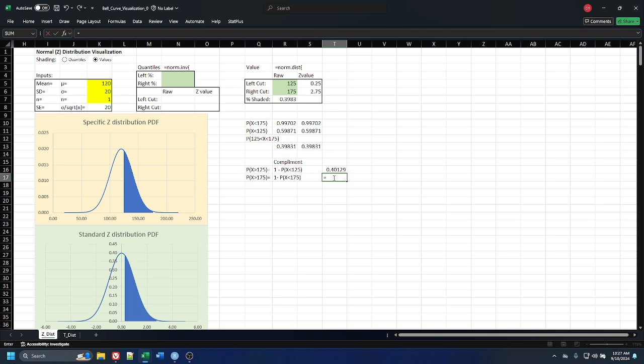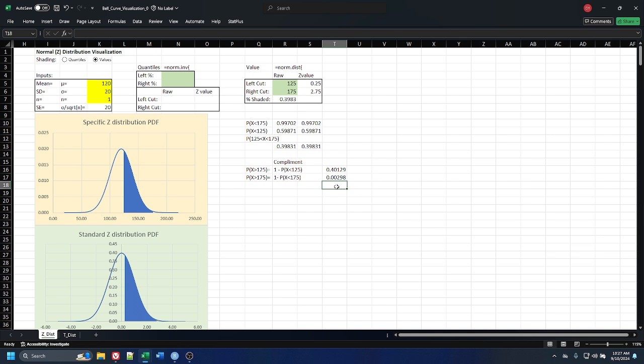And the probability of being greater than 175 is equal to 1 minus the probability of being less than 175. And there we go. Now we know how to find the areas to the right of a value.